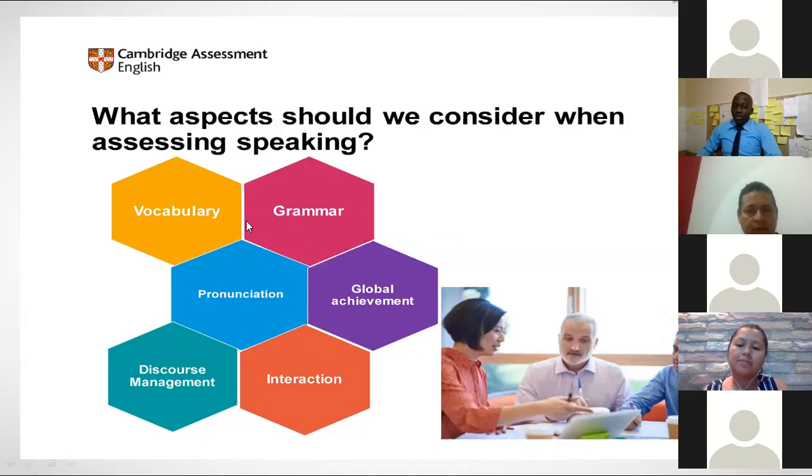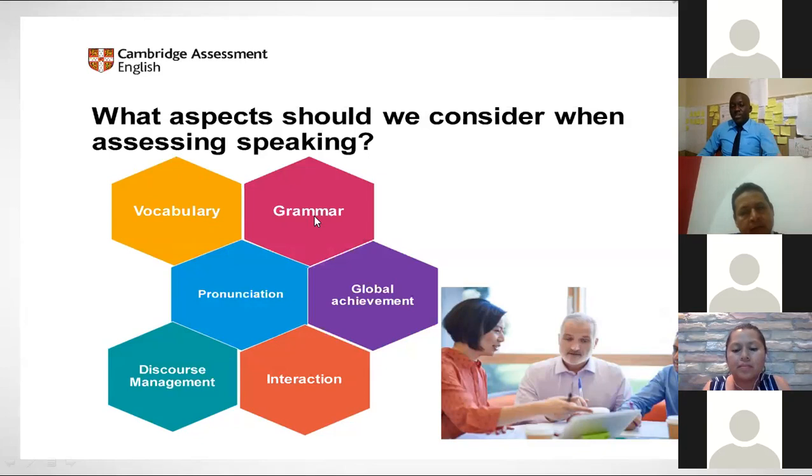First, we looked at vocabulary. Who remembers about vocabulary? You must be able to use a wide range of vocabulary. Then grammar: make sure that you're able to use all kinds of grammar tenses, into the simple, continuous, perfect.